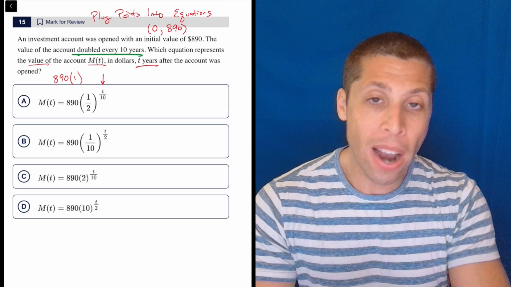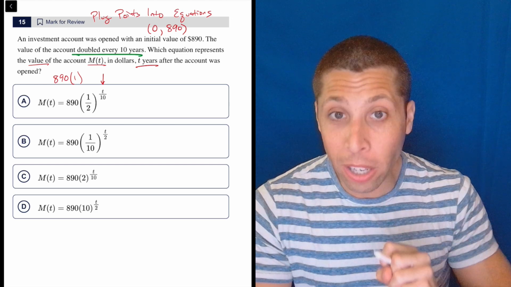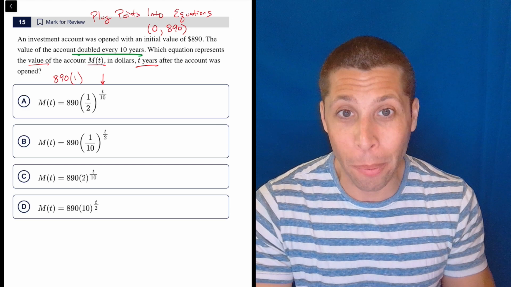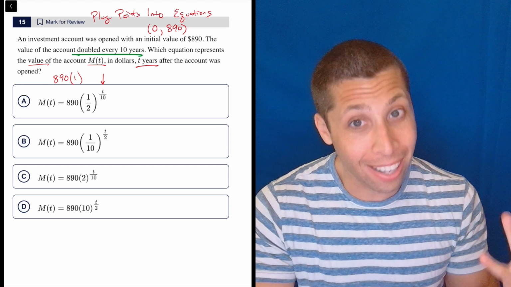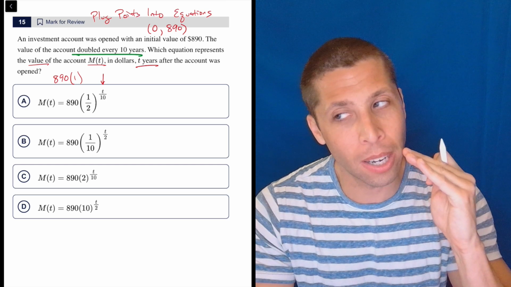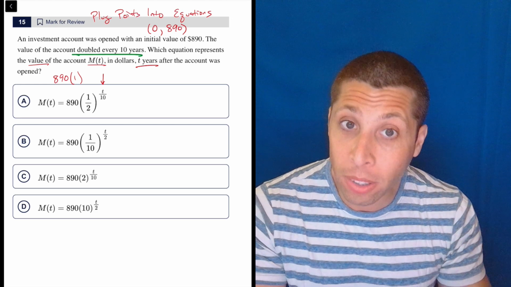But again, a very important SAT skill is you need to be able to pull another point out of this. Some of you will be able to just look at the situation and get it right without doing this strategy, but a lot of you will think you're about to get it right and still get it wrong. So it's much more reliable to have an actual point. But just follow the instructions, right?